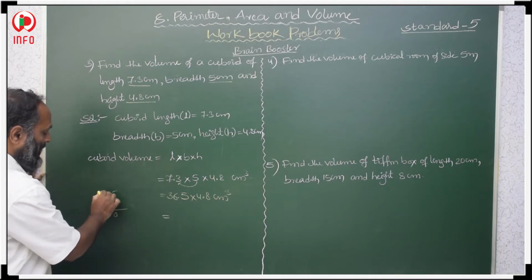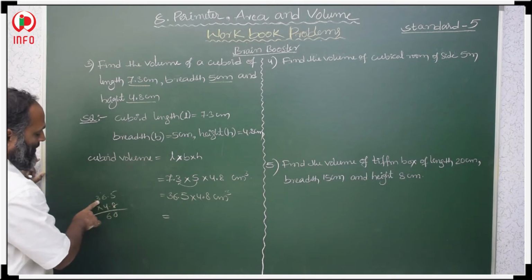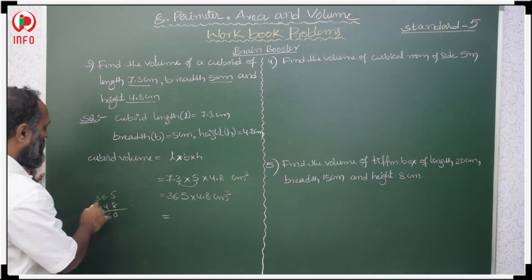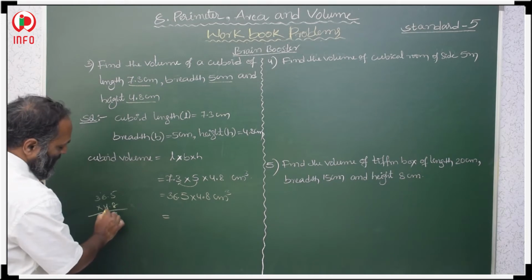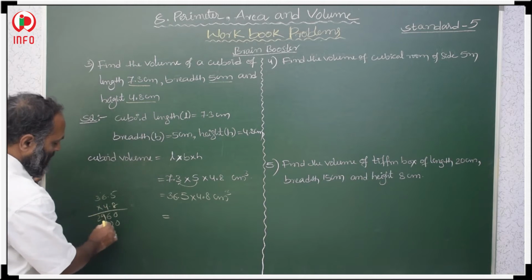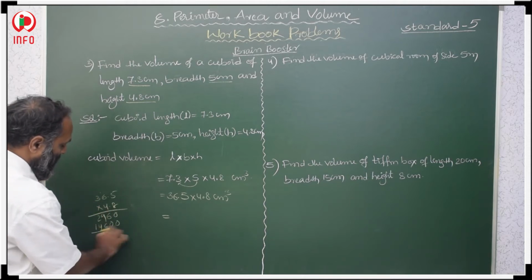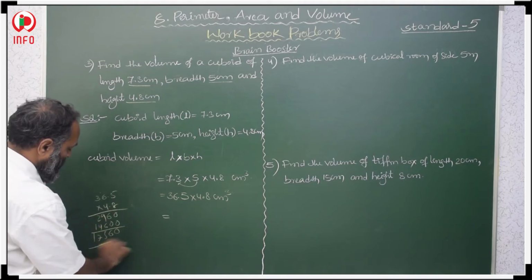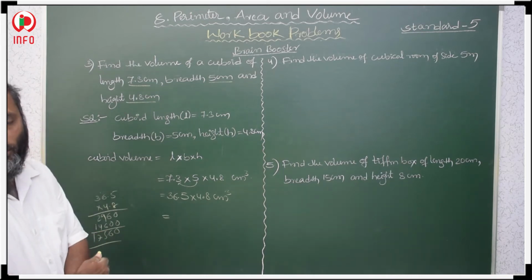8 5 is 40, 8 6 is 48, 56, 5. 8 3 is 24, 24 plus 5, 29. 4 5 is 20, 2 4 6 is 24, 26, 2 4 12, 14, 0 6 15, 7 1. After 2 digits, 176.60.